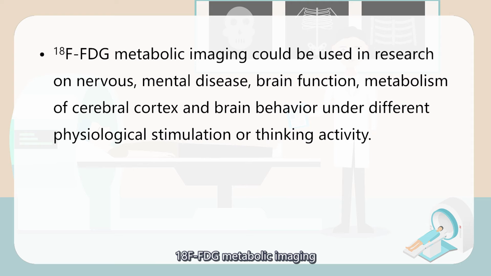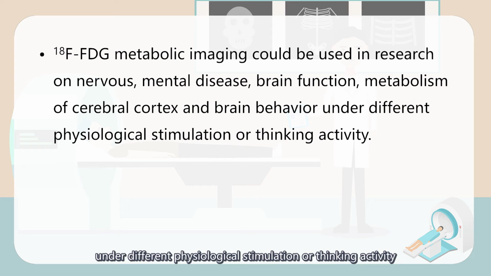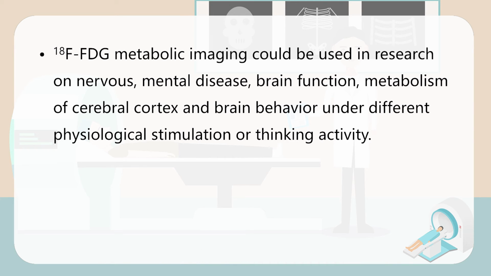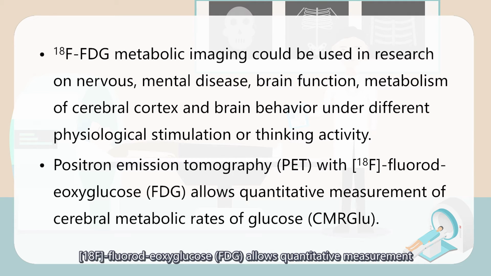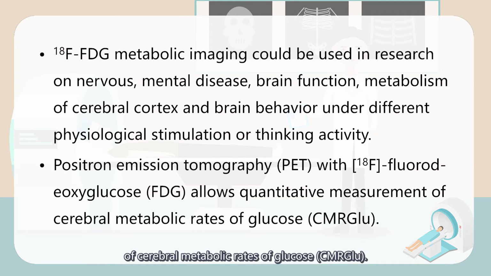F18-FDG metabolic imaging is used in research on nervous and mental disease, brain function, metabolism of the cerebral cortex and brain behavior, and different physiological stimulation of thinking activity. Positron emission tomography, PET, with F18-labeled FDG allows quantitative measurement of the cerebral metabolic rate of glucose, which we call CMR-Glu.